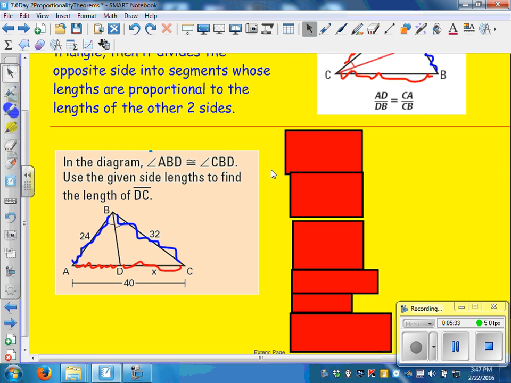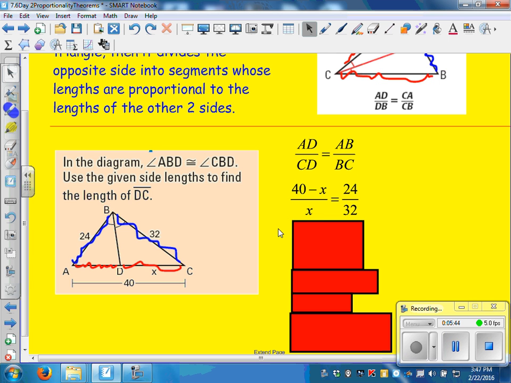So in this particular problem, you've got the ratio set up AD over CD equals AB over BC. Setting in the equivalent values, you have 40 minus X for AD because of the segment from A to C equaling 40 and DC equaling X. Subtract the difference and you'll end up with the AD value. CD, of course, is your X, and then you have 24 over 32.